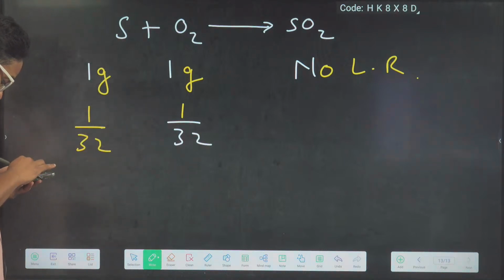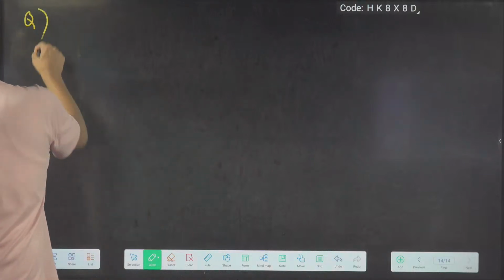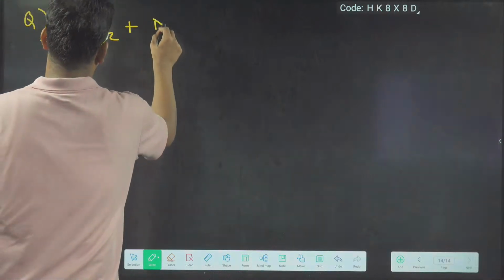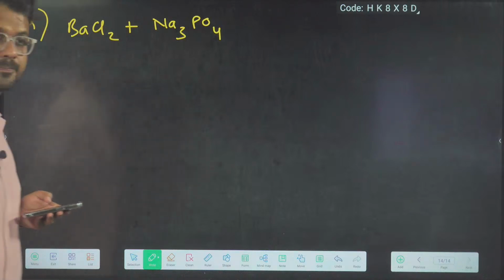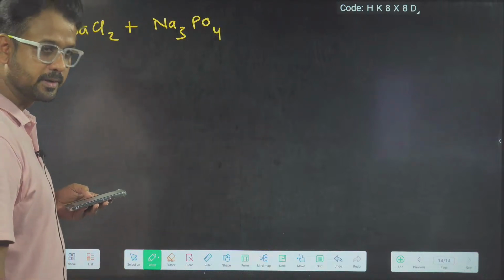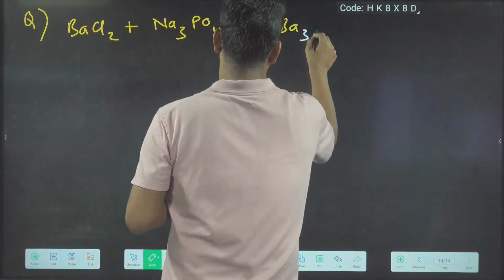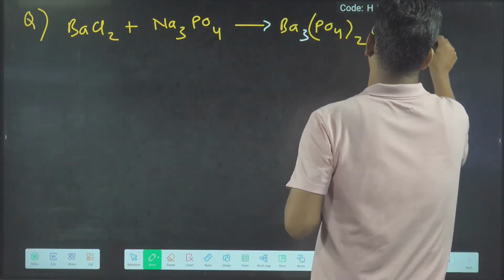One minute. Do this. BaCl2 is mixed with Na3PO4 to give Ba3(PO4)2 plus NaCl.